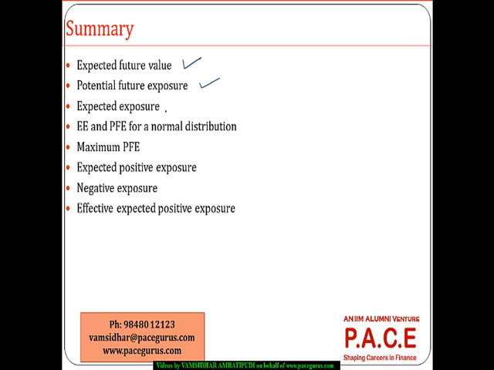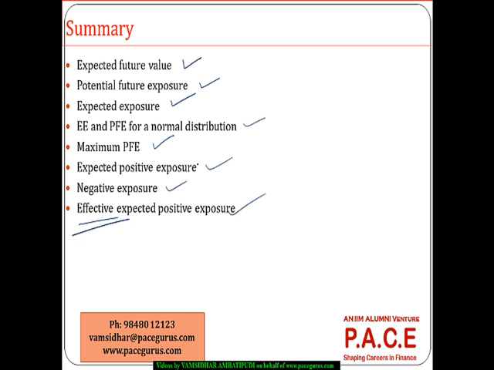Then I computed the expected exposure, and if my distribution is a normal distribution, how do I find the expected exposure and the potential future exposure? What do I mean by the maximum potential future exposure? Then how do I find the expected positive exposure? And finally the negative expected exposure, and finally the effective expected positive exposure.